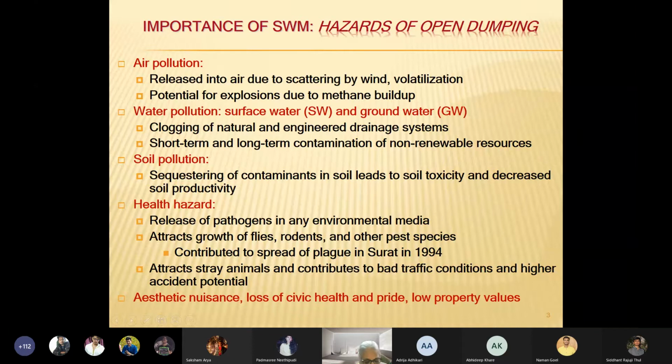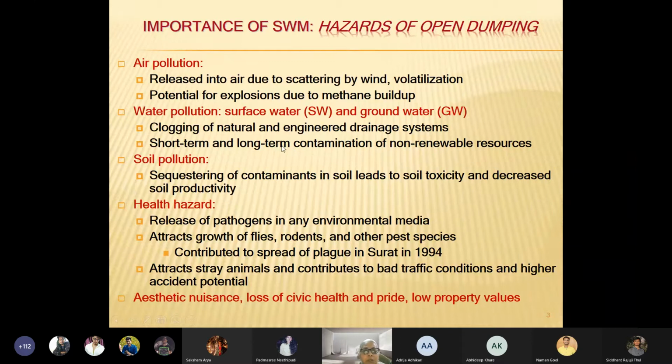It may be trees and leaves and twigs and branches and all those kinds of materials, or it may be municipal solid waste. It can be anything. So when you have clogging of natural and engineered drainage systems, not only are you causing water pollution, but that is also one of the biggest reasons for water logging in urban areas.